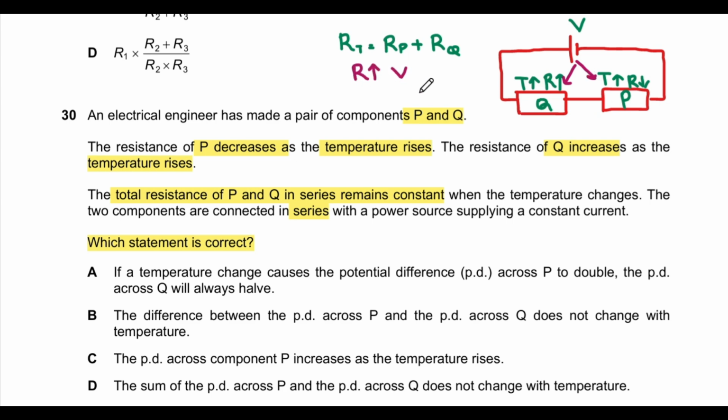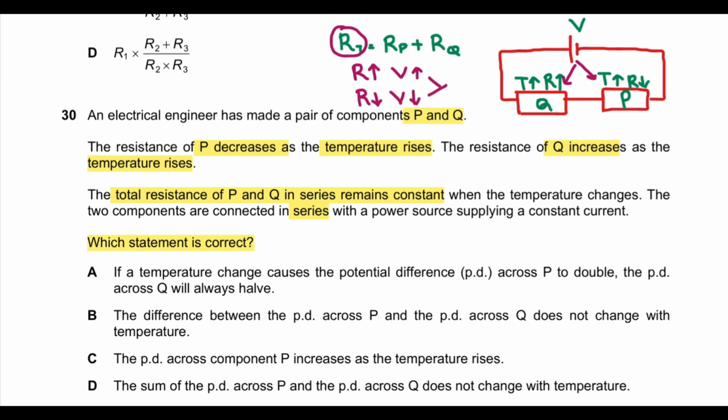If the resistance is greater, the component will get more proportion of total voltage. If resistance is less, the component will get less proportion of total voltage. But if the combined resistance is the same, we can say that whatever is the division between Q and P, when we add both voltages received by Q and P, this will give us the constant value because the total resistance is constant.